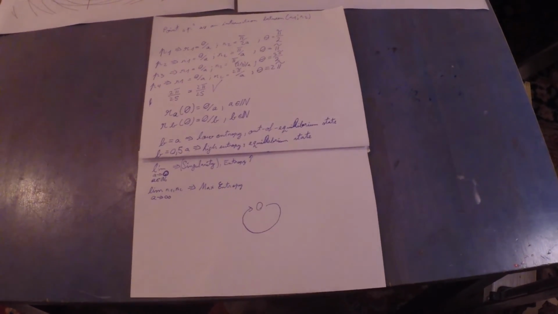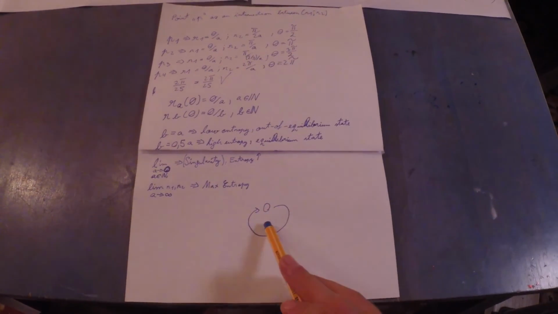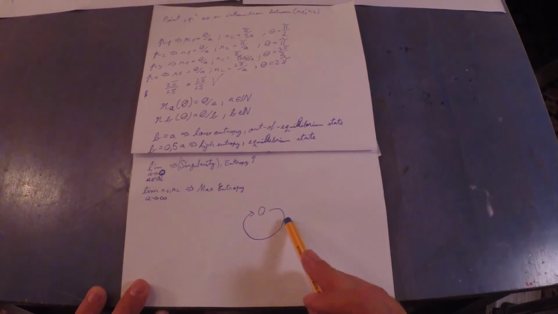So when a approaches 0, the entropy will also get huge. But also when a approaches infinity, our functions will get smaller and smaller, closer and closer to 0. All the intersections will also get closer and closer to 0, and this means that the entropy will also reach its maximum. So we can just describe it as a cycle. We start with 0, the entropy gets smaller again, then we end with 0.